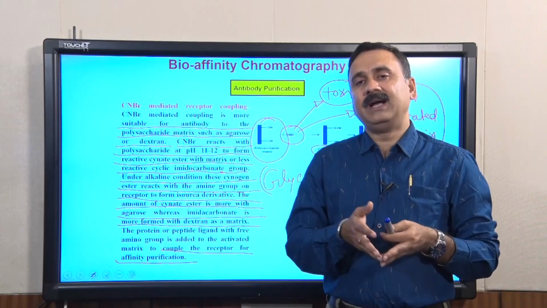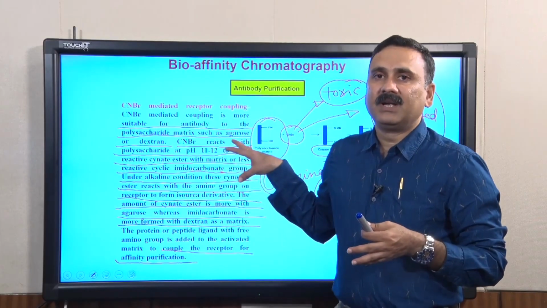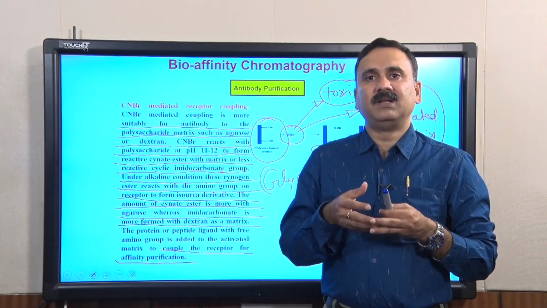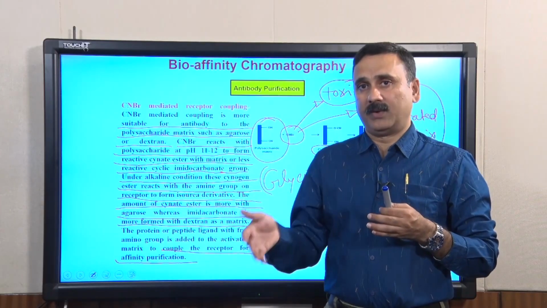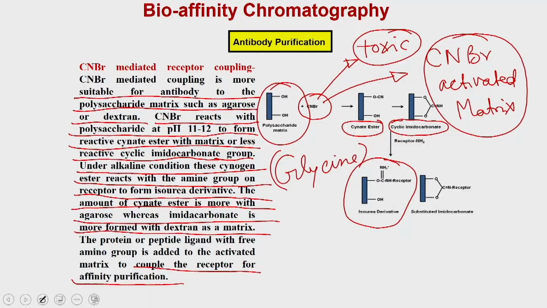So, to avoid that, you always add glycine to deactivate the activated groups present on the matrix after your coupling is over. Now we have coupled the antigen onto the beads using the cyanogen bromide activated beads. Now, let us go to the next step.